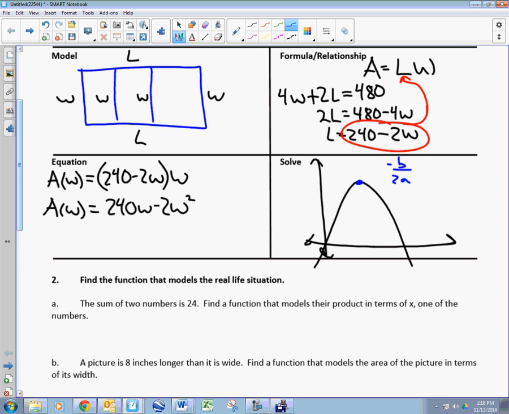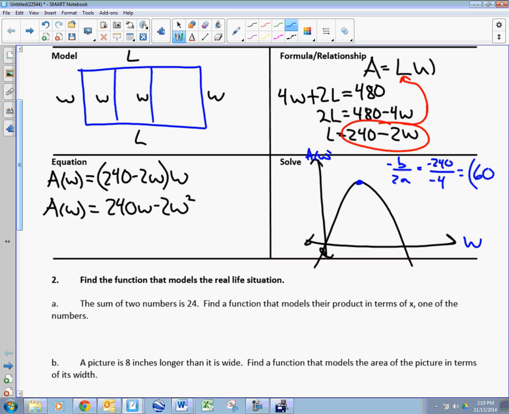What is negative b? Divided by 2a. Negative 4, which is? I want to be clear here, folks. We've said that for this problem, w represents the x-axis because that's your independent variable.